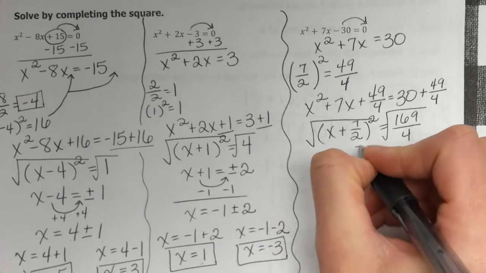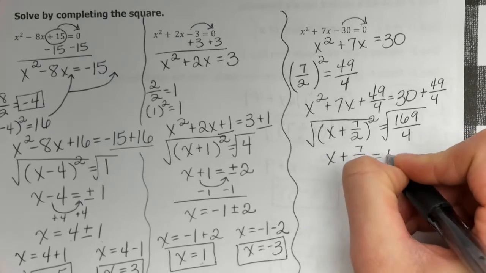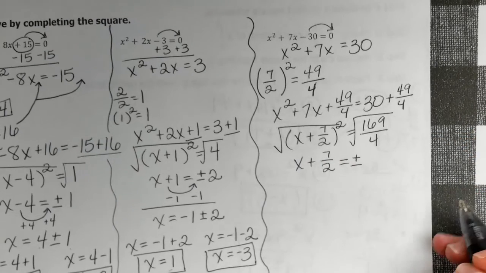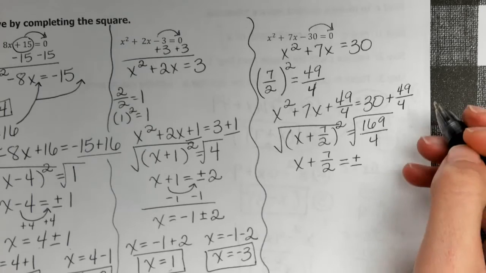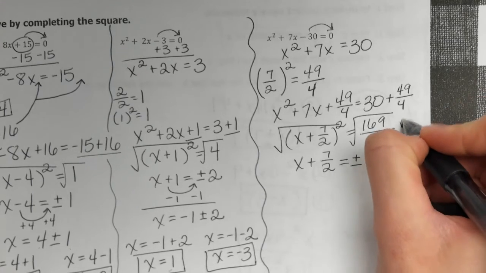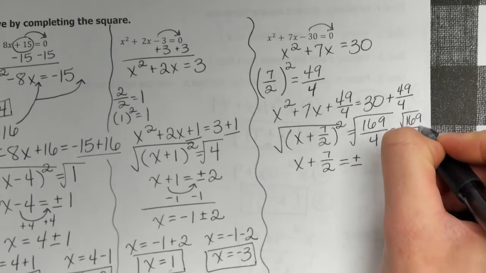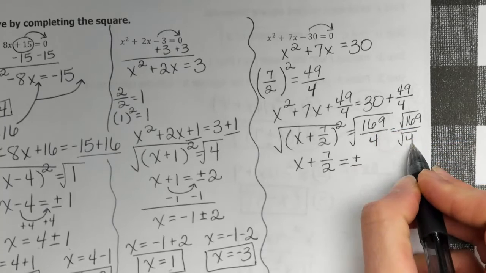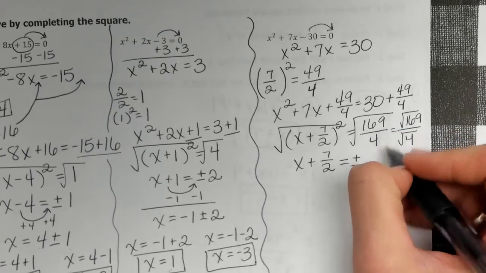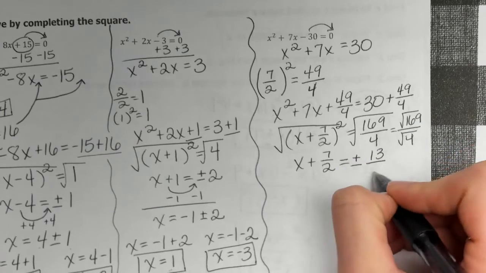So x plus 7 halves is equal to plus or minus. Now remember when you take the square root of a fraction, you're really taking the square root of the numerator over the square root of the denominator. So the square root of 169 is 13, square root of 4 is 2.